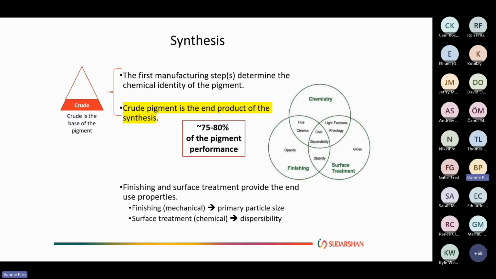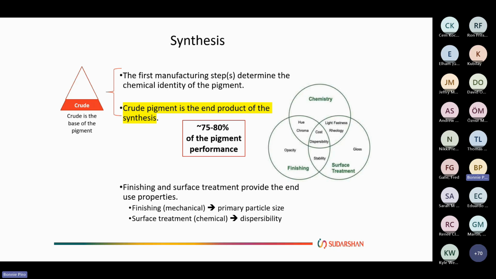So we've always talked about the synthesis and that the chemistry dictates about 75% of the performance. This is no different with respect to the azo chemistry. This is even more important because the azo chemistry breadth of products and color indexes are so broad. As I mentioned, high performance, classical, so there's a lot of options for technical properties to be had within the azo family of chemistries.